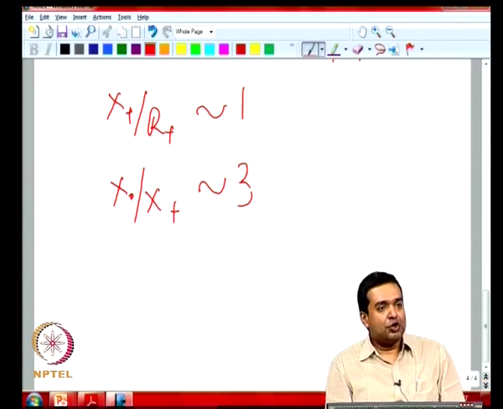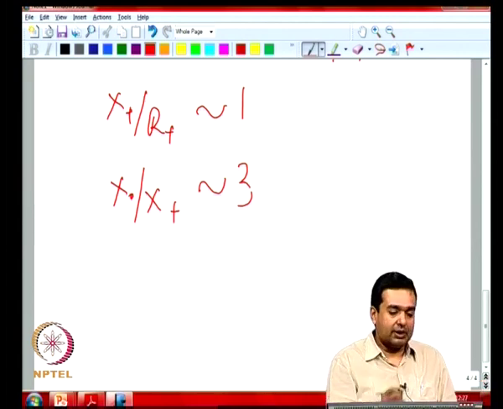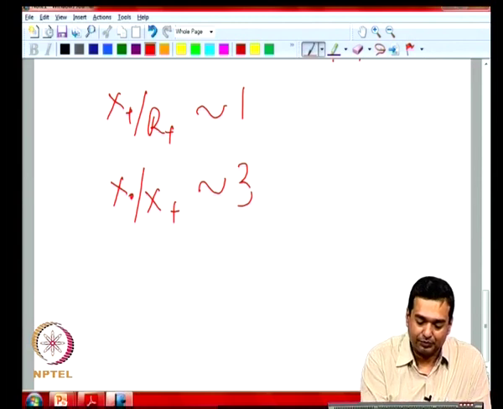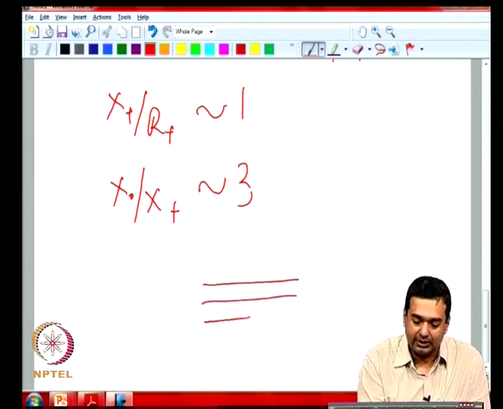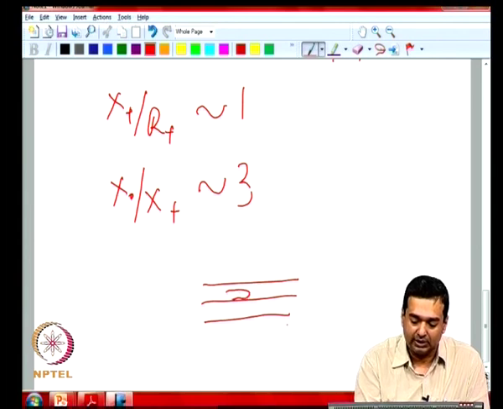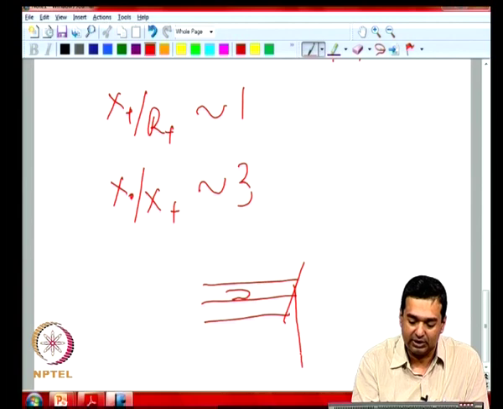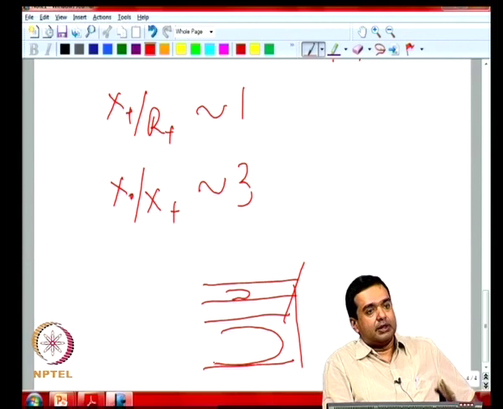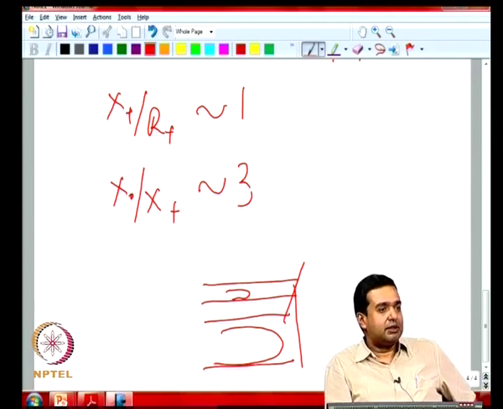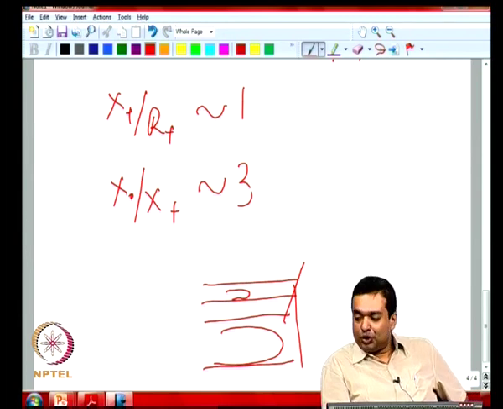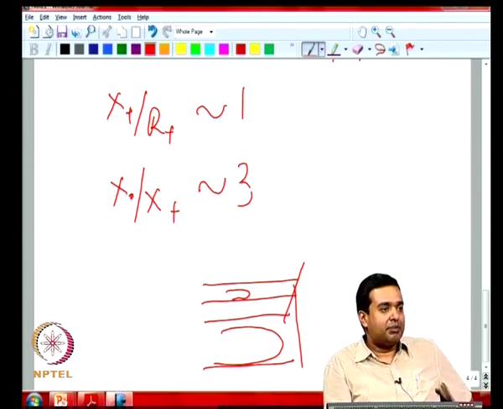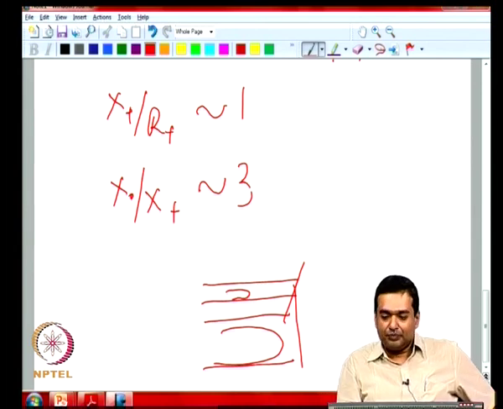So, if you look at the loop for the conductors of your lines, you are talking about loop areas which are smaller, whereas if you are looking at the conductors sitting on a line and the loop area when you are thinking about the return path through earth, you are looking at a much larger loop for situations such as earth faults. So, you would have higher X naught compared to your X plus in a typical system.